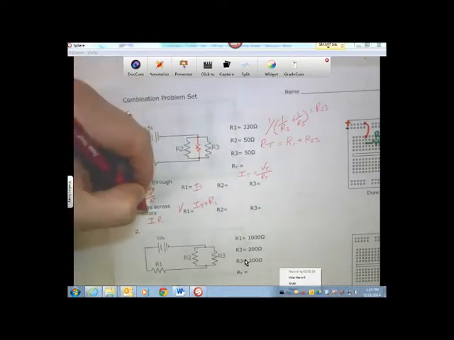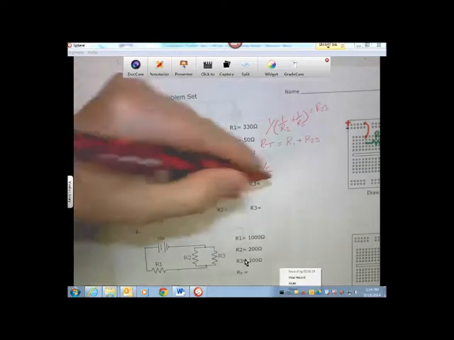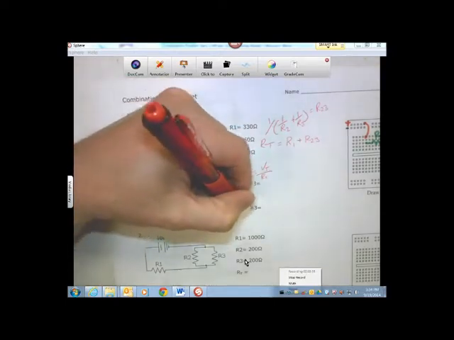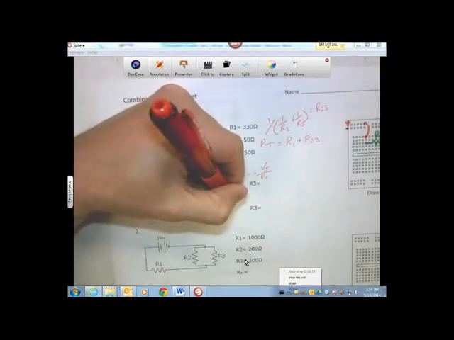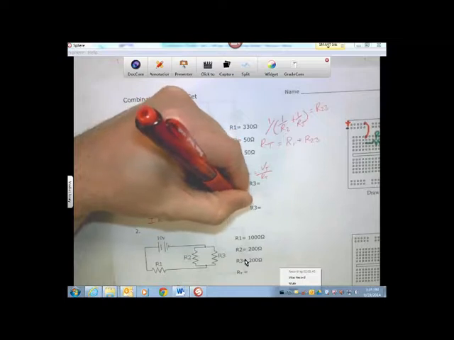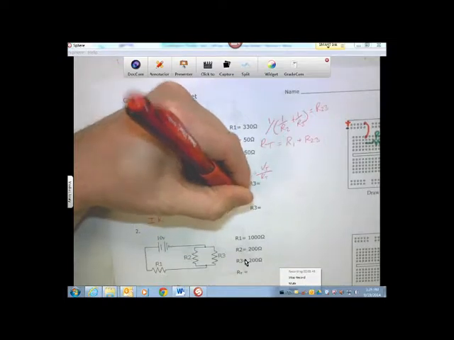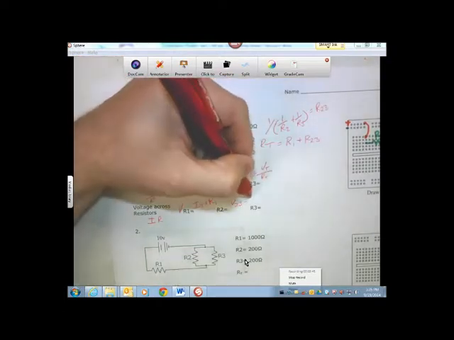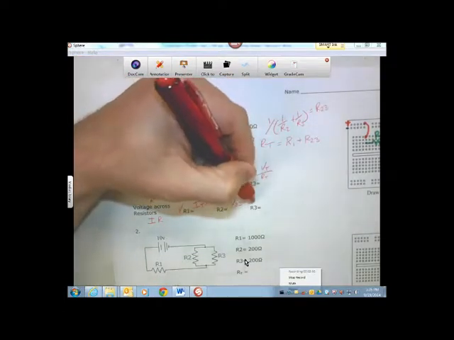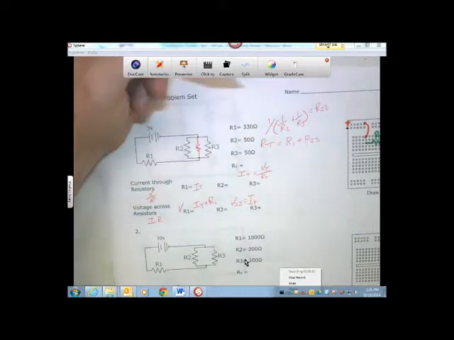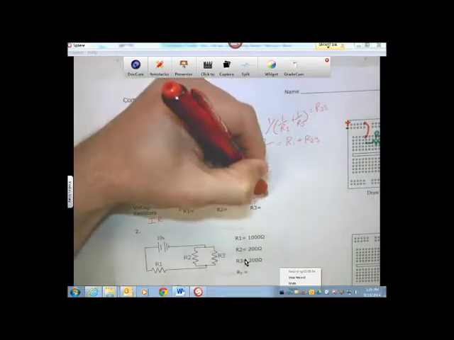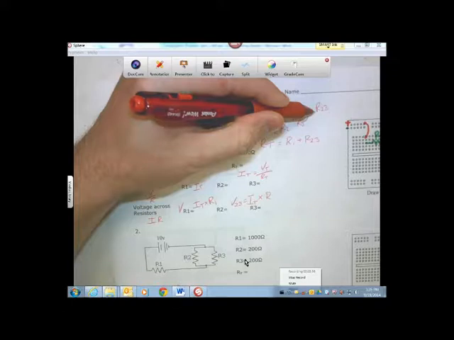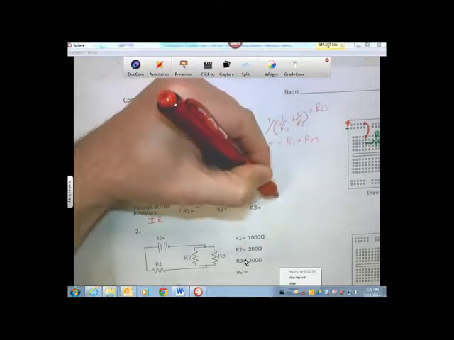And we know that voltage across resistors in parallel are the same. So voltage of 2, 3 is going to be equal to our total current again, IT times R 2, 3 from up here.